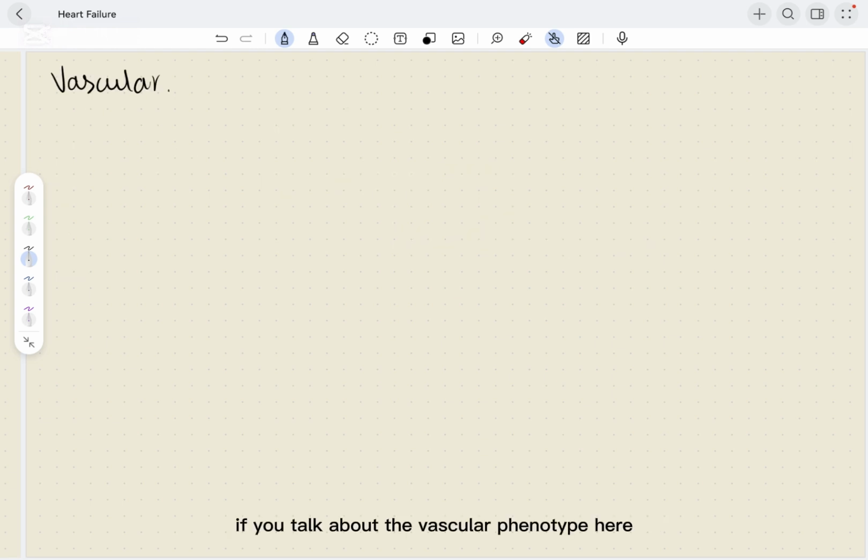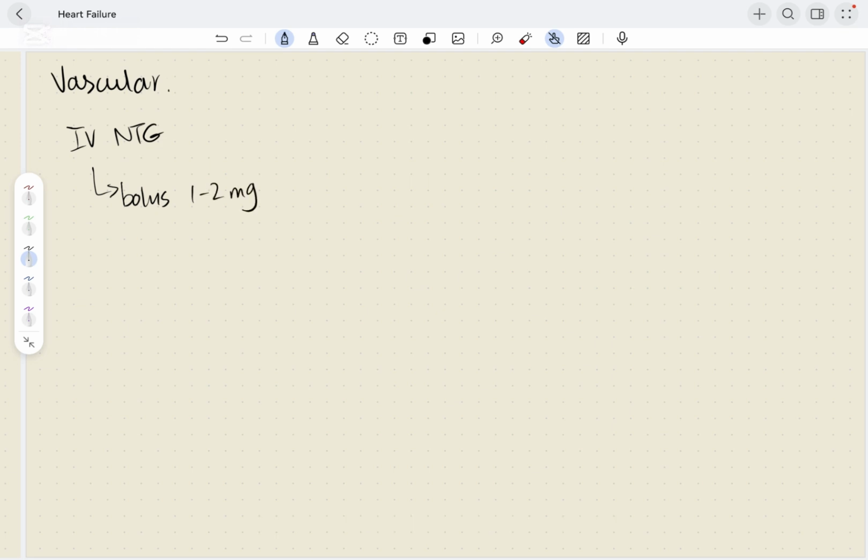If we talk about the vascular phenotype, the important thing in our management is IV vasodilators, which are going to improve both myocardial oxygen supply and demand. So something like nitroglycerin. Now, there are many ways that you can give nitroglycerin. You can give it as a bolus, in which case you will be giving 1 to 2 milligrams, and you can repeat this bolus every 5 minutes.